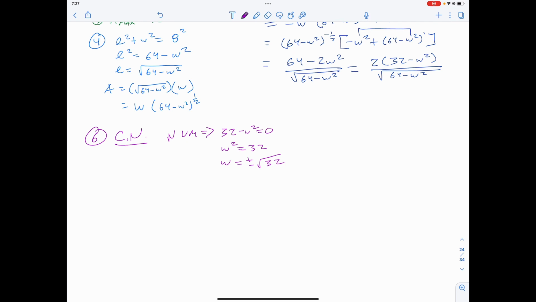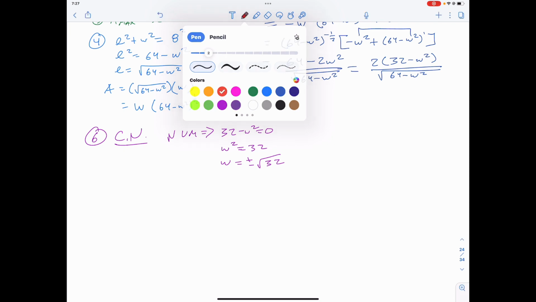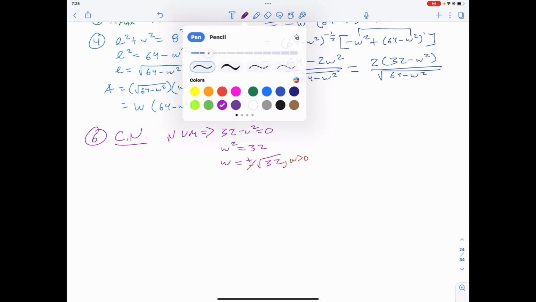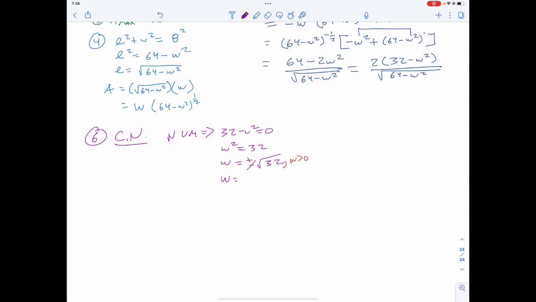But wait a second, the width can't be negative, which means that that negative answer doesn't make sense. So the width is just going to be the positive square root of 32 because the width has to be greater than 0, or when I simplify it, the width is going to be equal to 4 root 2.